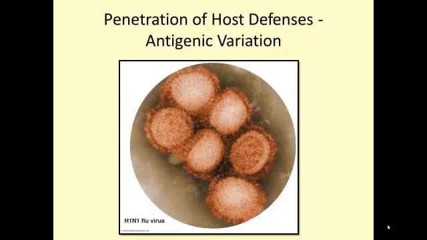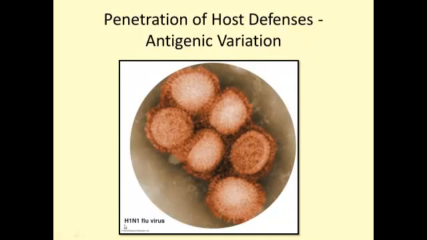Okay, antigenic variation. This is where a pathogen changes its proteins on the surface that your immune system would recognize. On a consistent basis, it would change those either through mutation, through reassortment, or by turning on different genes. Up here we have micrographs of flu virus, specifically H1N1. We have these little spiky guys sticking out of the lipid membrane, out of the envelope of the virus.